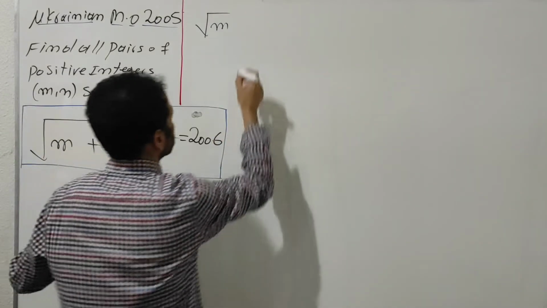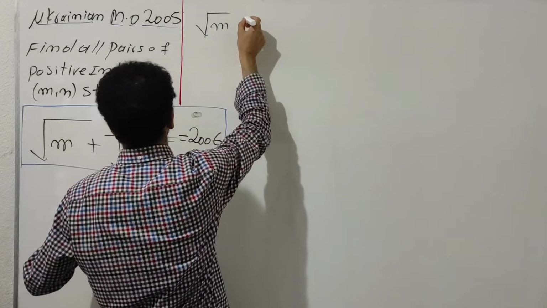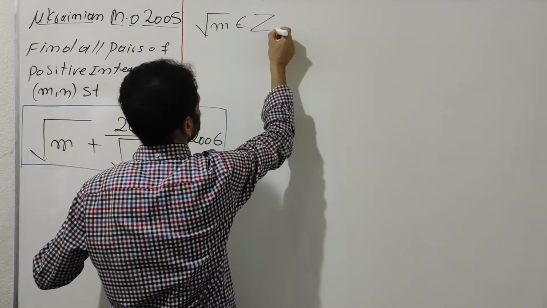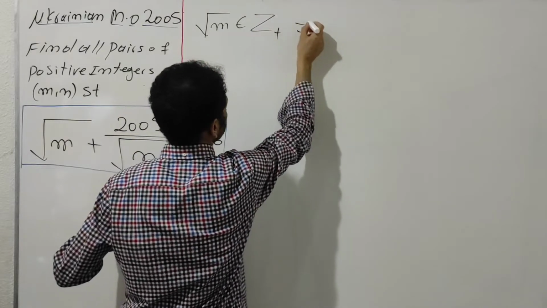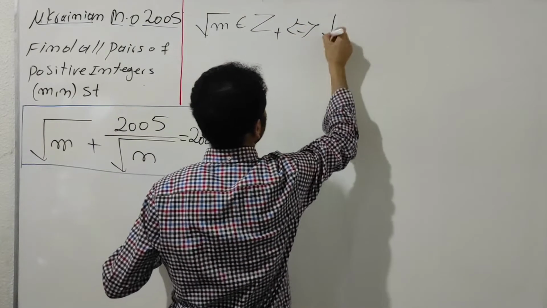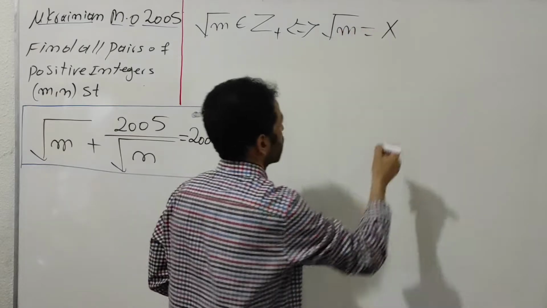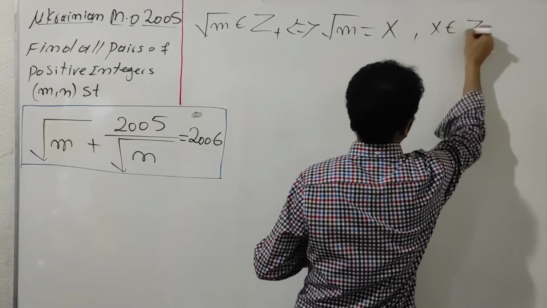Square root of m must be a positive integer, so let square root of m equal x, where x is some positive integer.